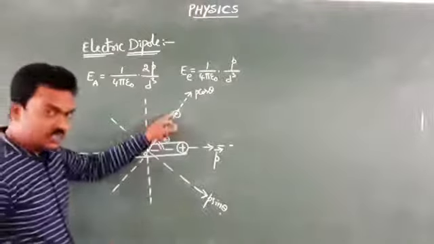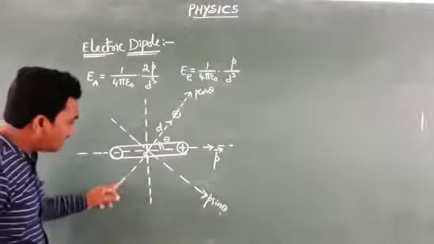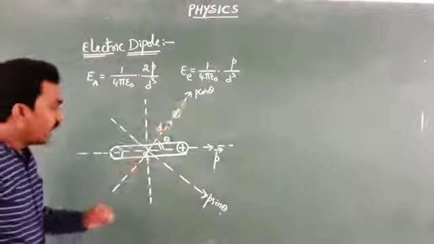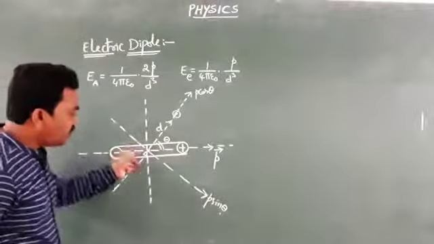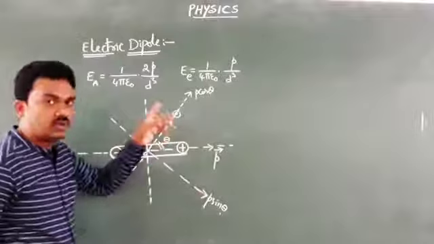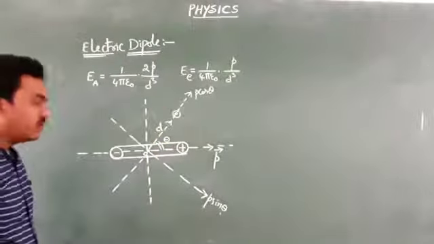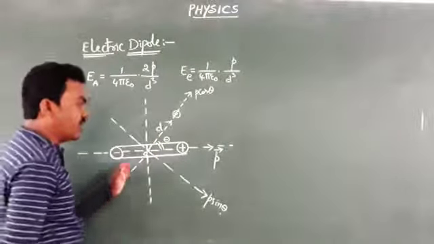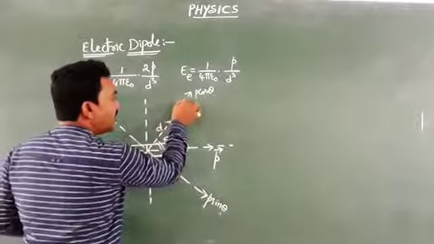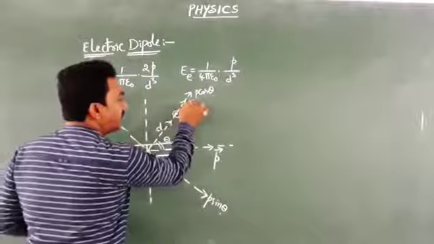My particular point lies on the axial line of the dipole of moment p cos theta. And if this is the dipole of moment p sin theta, then our point lies on its equatorial line. You know very well, whenever a point lies on the axial line, the field intensity will be in the direction of the dipole moment.